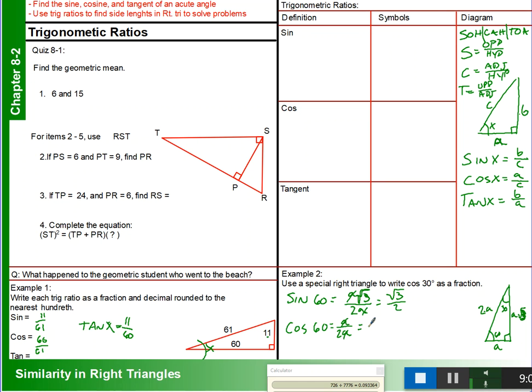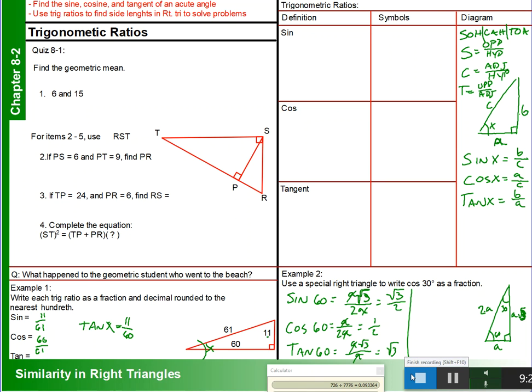The A's cancel out again, and so the cosine of 60 is 1/2. The tangent of 60 is going to be equal to the opposite, A root 3, over the adjacent, A. Well, that cancels out, and so the tangent of 60 is just root 3.